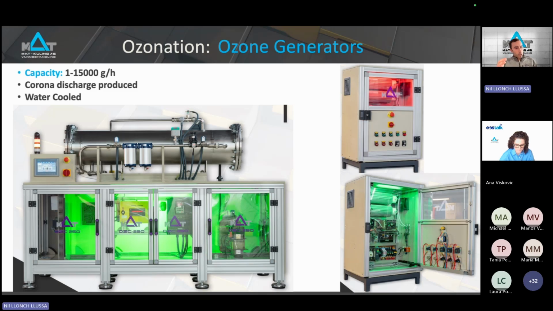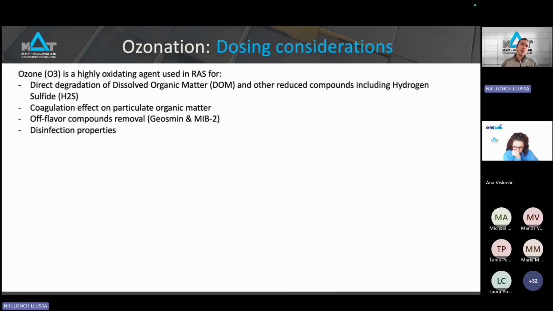Then getting into ozone, we have different ozone generators, with different capacity ranges. We produce our ozone with corona discharge, so with electricity, and they are water cooled. Ozone is a highly oxidating agent used in RAS for direct oxidation of organic matter, dissolved organic matter, and other compounds, including reduced compounds such as hydrogen sulfide.